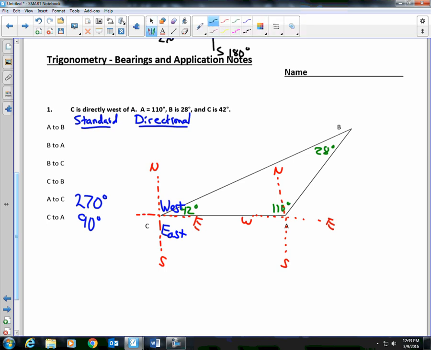As we look at the others, in order to figure these out, a lot of times it helps to create a grid. A grid that encompasses all parts of the triangle. Grid lines that travel east and west, and north and south. 90-degree angle. 90-degree angle.